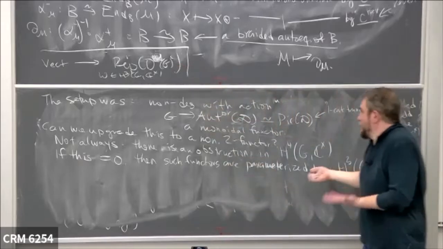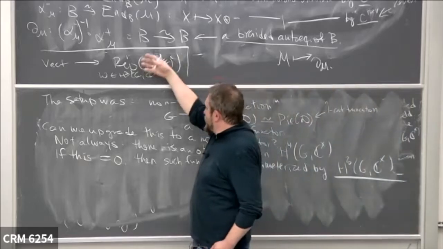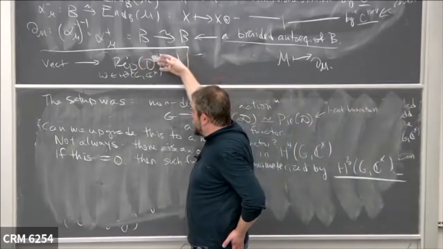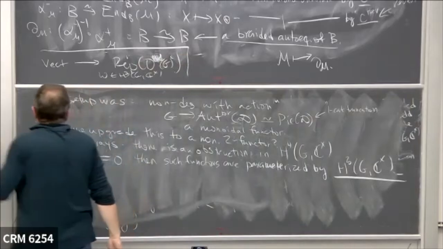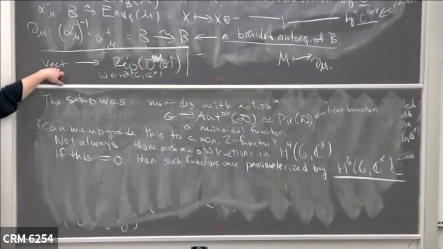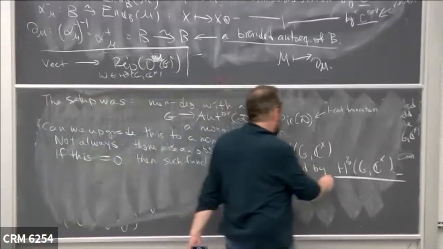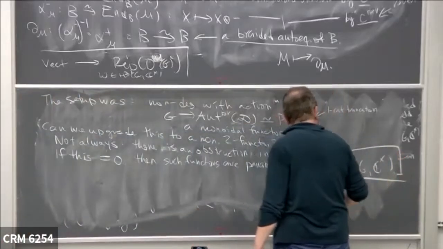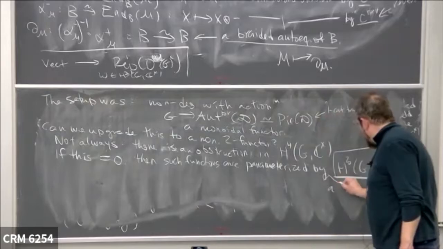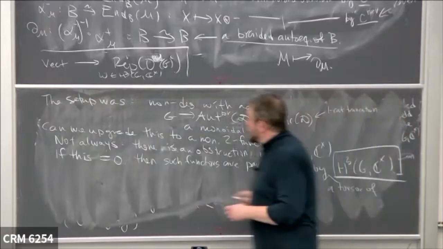You can also express this in terms of monoidal two-functors, though this will be a little silly because the Picard group of this is trivial, so we should not bother with that. I can also explain how this is parameterized; I should say not by this group, but by a torsor of this group.